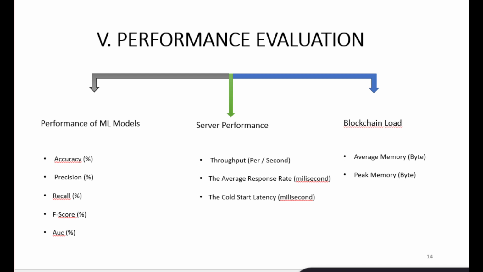There is a certain latency in reallocating these resources, which are scaled to zero for functions. This latency is called cold start latency and can be problematic for time-sensitive IoT applications. And finally, thirdly, we run the system without blockchain to measure the additional payload that blockchain brings to the system.